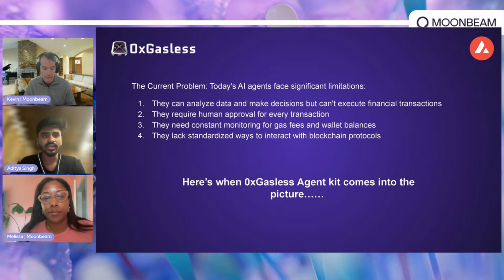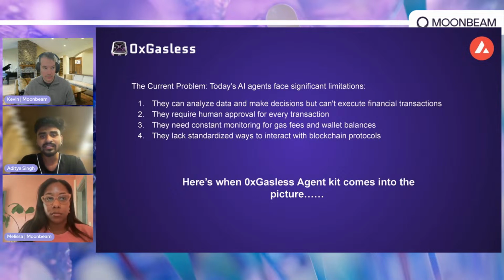So the AI agent is doing the transaction autonomously, and the paymaster is paying the gas fees. This makes the AI agent totally financial. Now they don't have to worry about gas fees, and they don't have to worry about wallet balances.